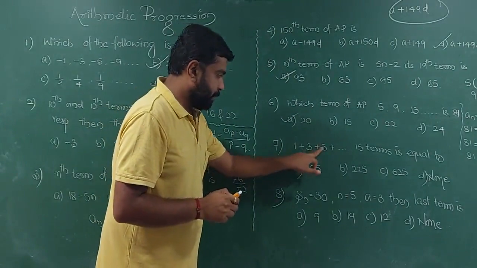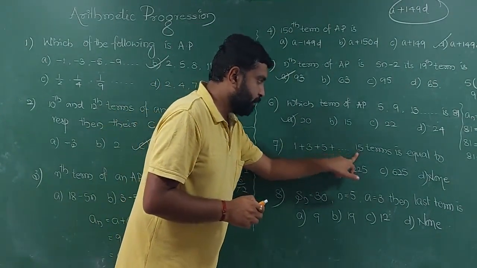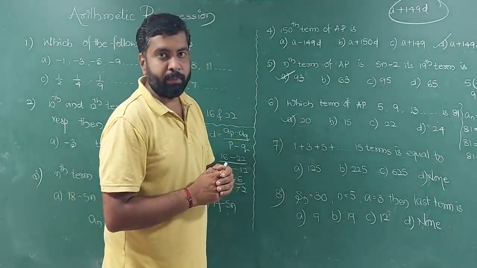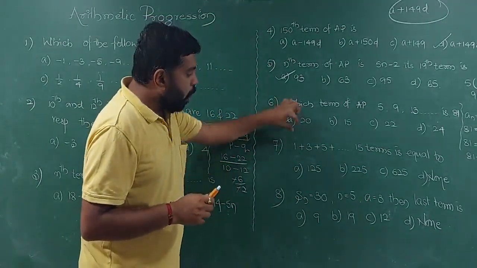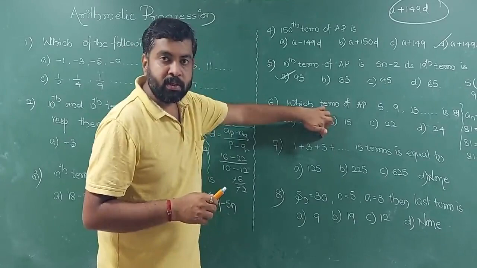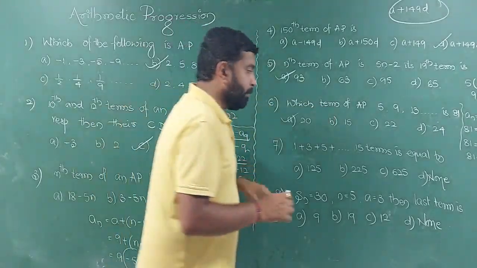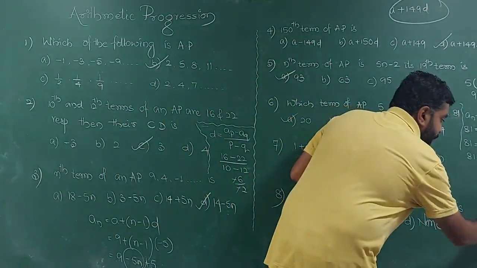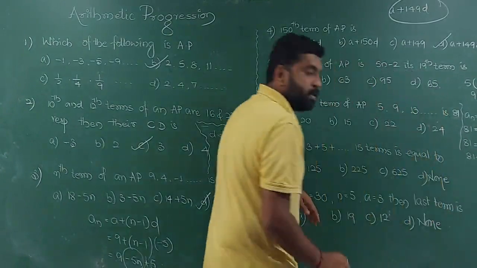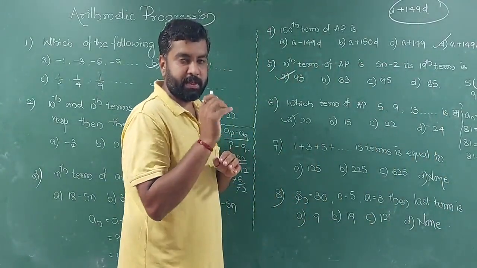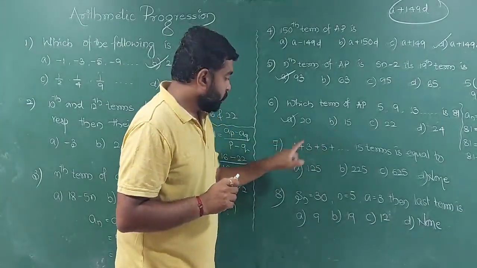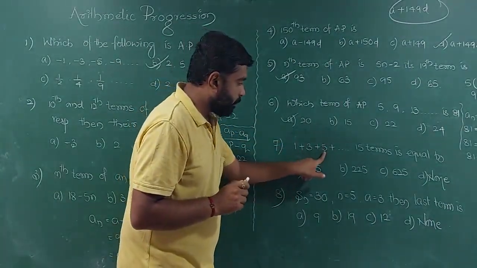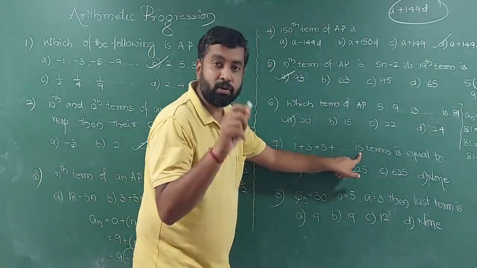1 plus 3 plus 5 and so on, 15 terms, is equal to. Here you need to understand one thing. Odd numbers are given. The sum of odd numbers can be calculated with the help of n square. This you need to remember. This is one specific formula. 1 is an odd number, 3 is an odd number, 5 is an odd number and so on, 15 is also an odd number.